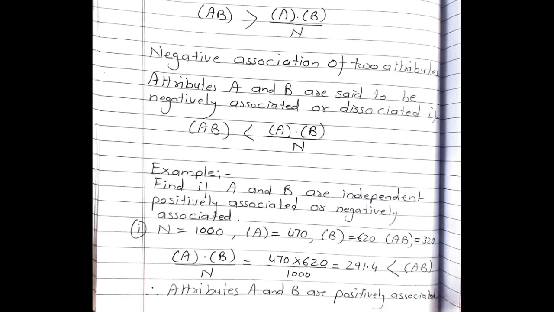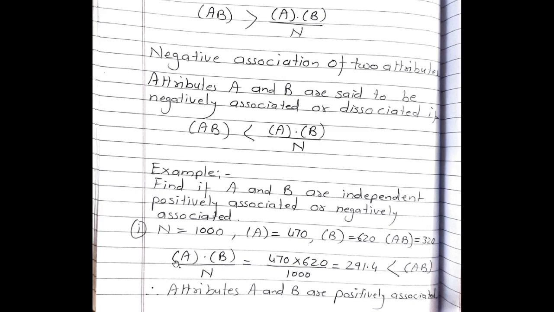Find if A and B are independent, positively associated or negatively associated. The data is given. N is equal to 1000. Frequency of A is equal to 470. Frequency of B is equal to 620. And frequency of AB is equal to 320.